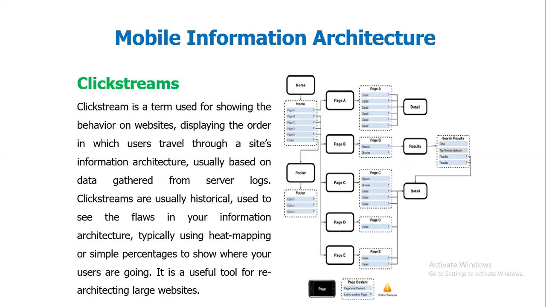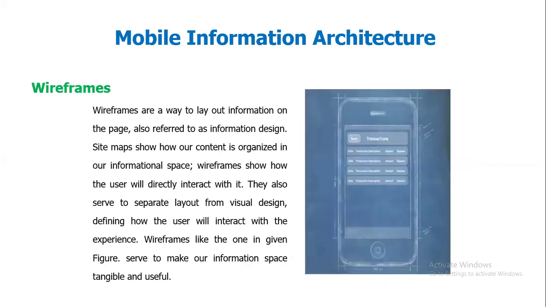Clickstreams are usually historical, used to see the flaws in your information architecture, typically using heat mapping or simple percentages to show where your users are going. It is a useful tool for architecting large websites. An example flow is given on the right hand side.